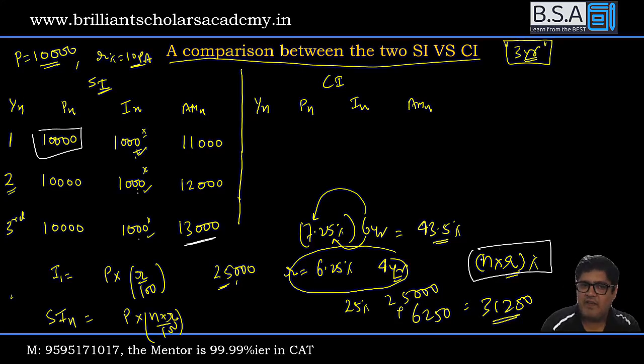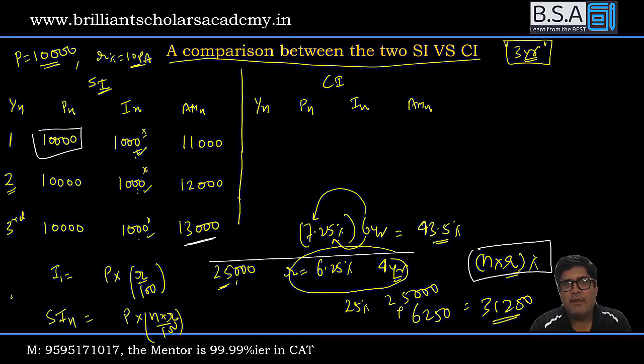So write this down somewhere. These are examples. This was the example I created for you. On a principal of 25,000, 6.25% per annum, how much money will I take home in 4 years? Multiply NR. Treat NR as the final percentage for you. NR is the percentage.